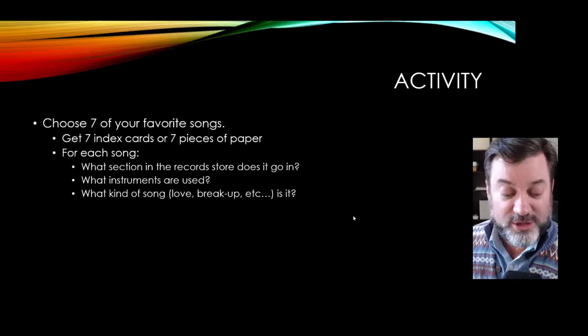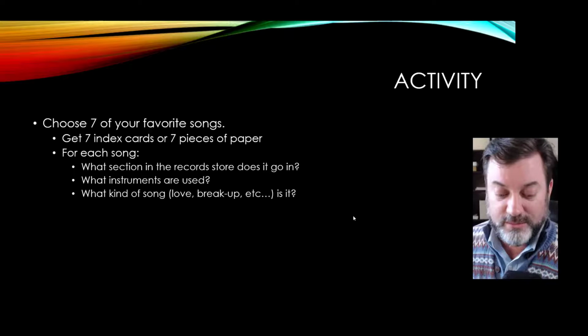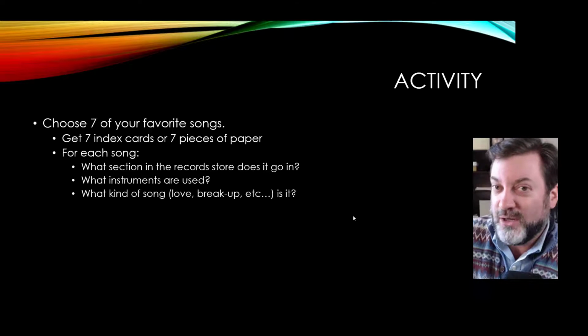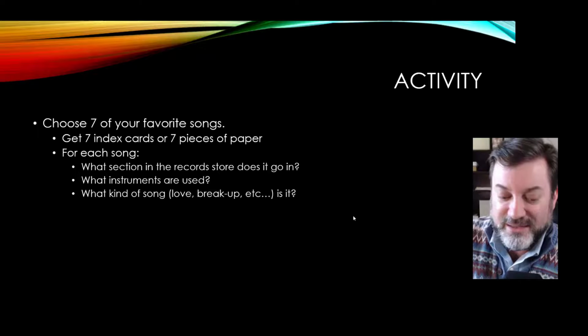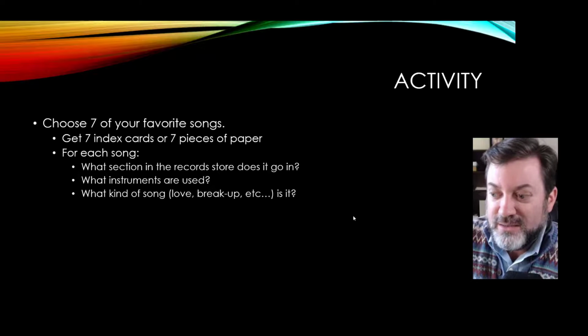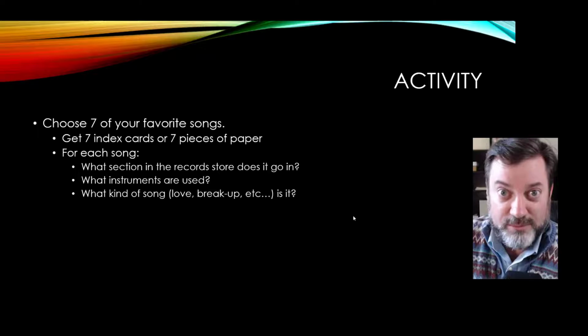And the instrumentation is piano and synthesizer, drum, lead guitar, bass guitar, and of course voices. And this is another one that's kind of weird. What kind of song is this? Well, it's kind of an implied Journey song. Not Journey the band, but journey as in taking a trip somewhere.